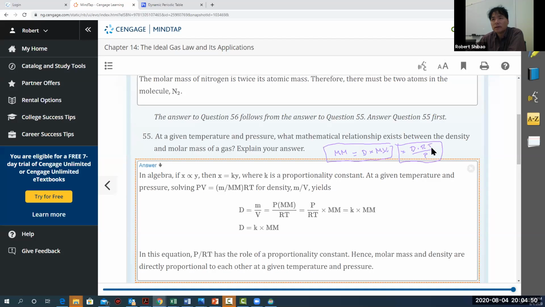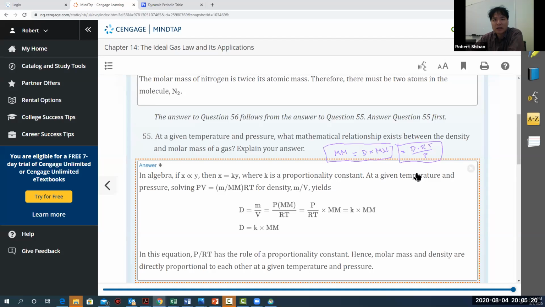Molar volume is liters per mole. Oh yeah, I'm solving for molar mass here. Molar mass is density times RT over P. If I solve for density, then density is molar mass times P over RT. P over RT would be 1 over the molar volume here.